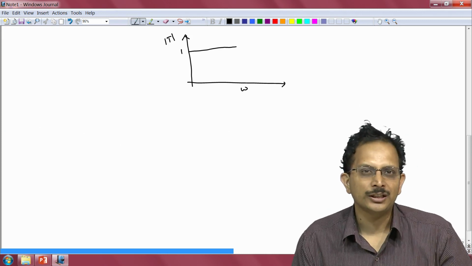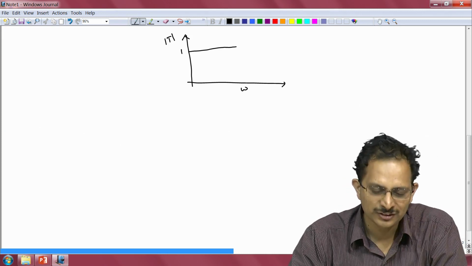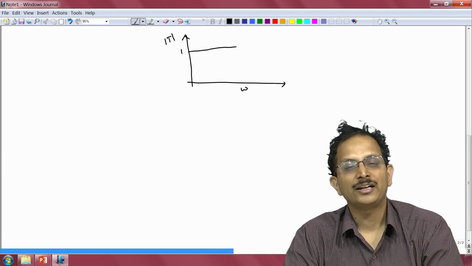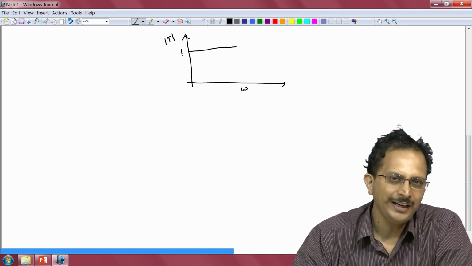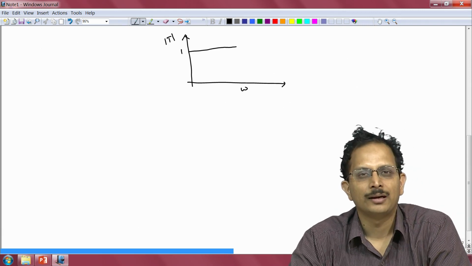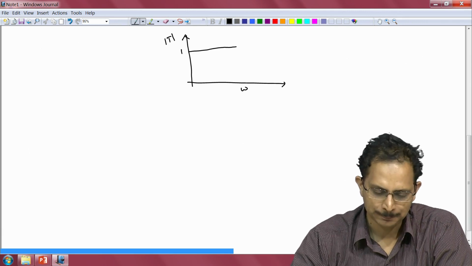That will ensure that within the bandwidth of this frequency response, we would have x of t equal to r of t, or we would be achieving the ideal of control to the extent that we possibly can.